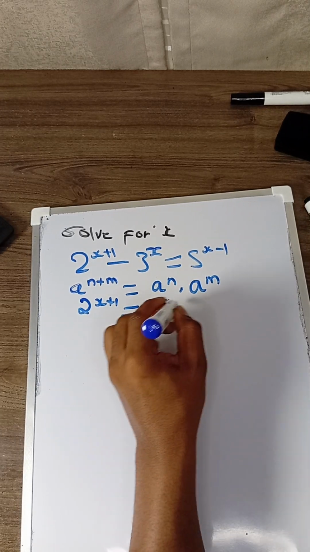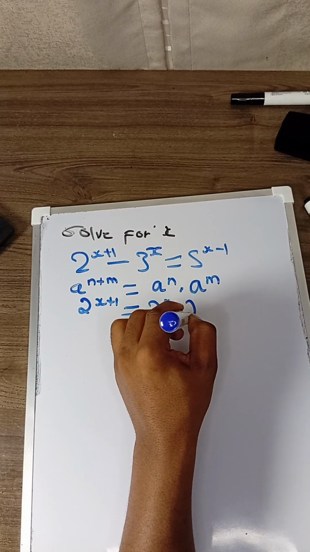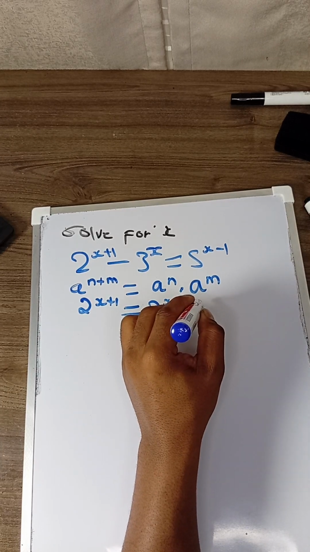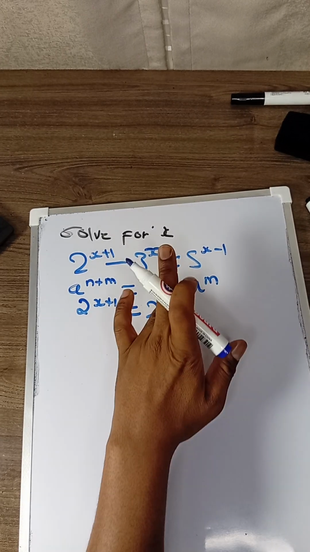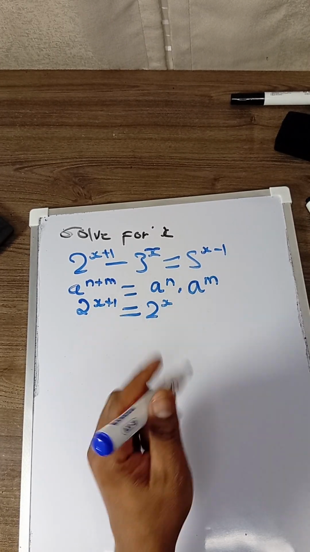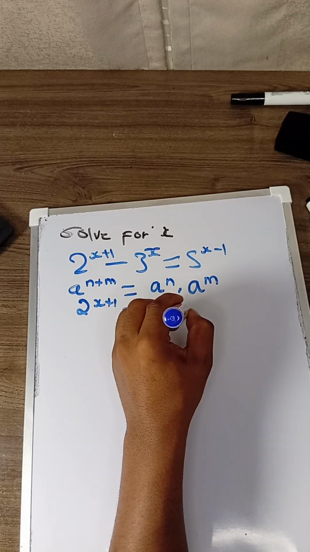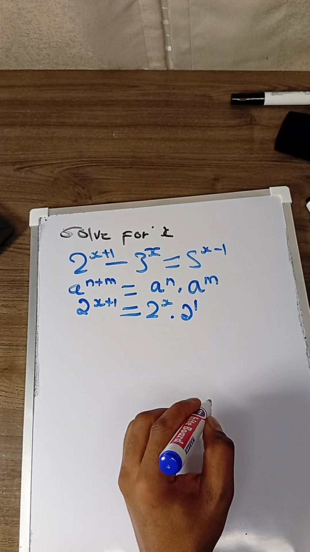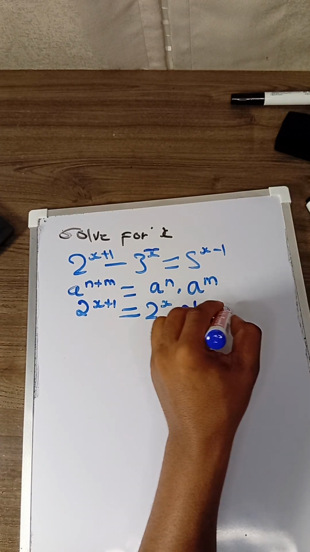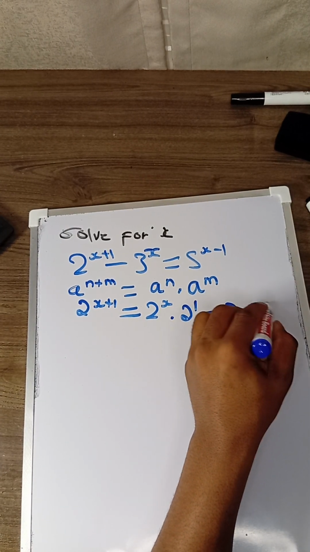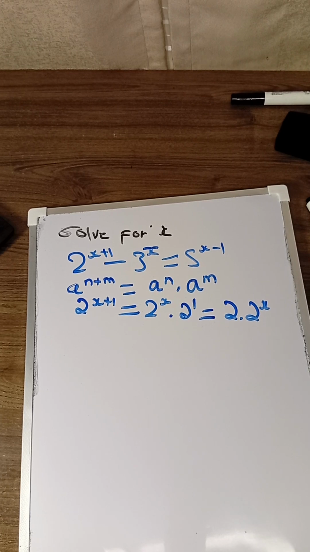2^x, 2^x and then 1, is equal to 2^x. Now the equation becomes like this.